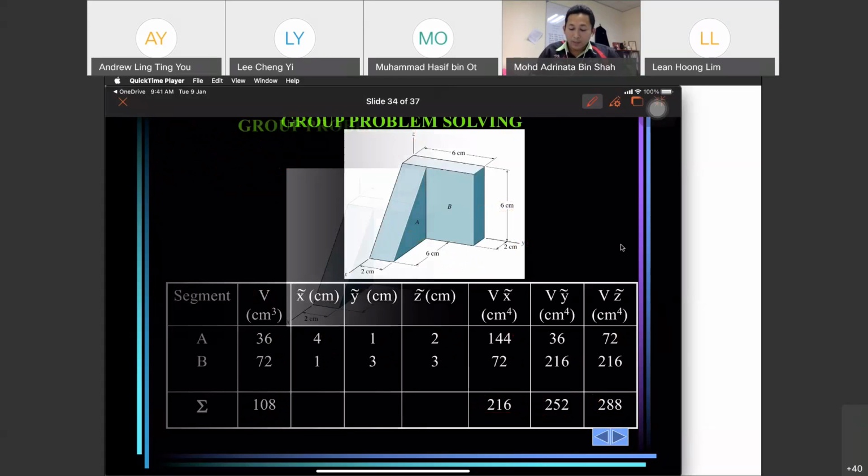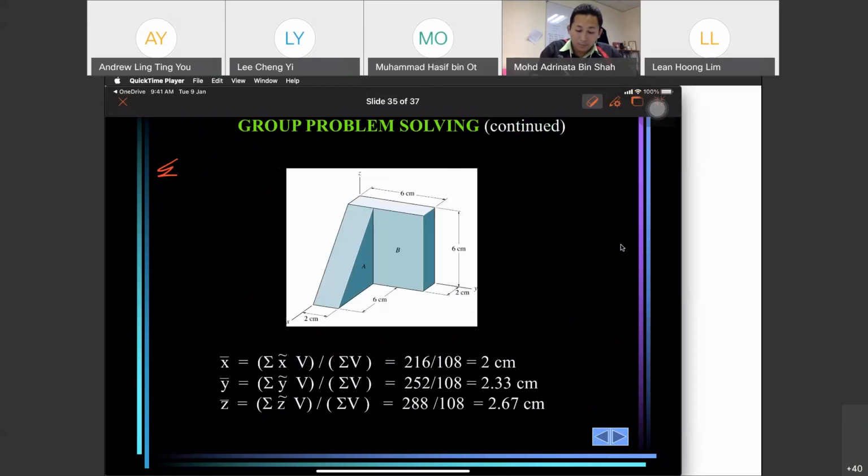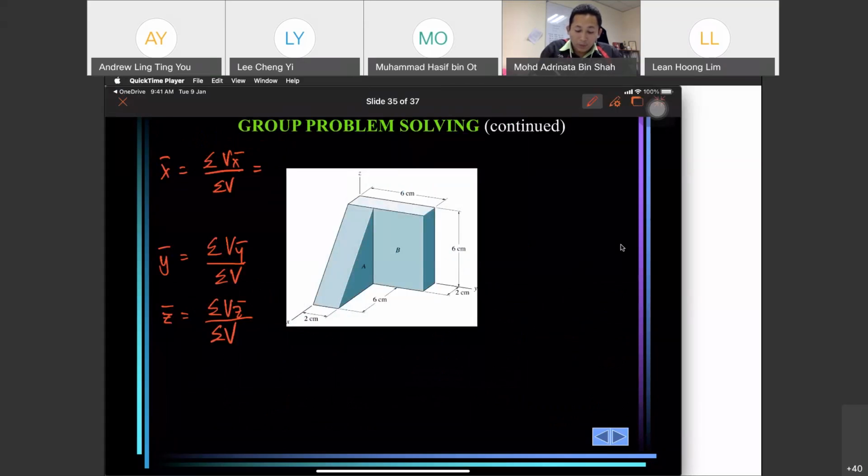Okay, so what is the centroid? X bar is the summation of Vx bar divided by the summation of V. Y bar is the summation of Vy bar divided by the summation of V. Z bar is the summation of Vz bar divided by the summation of V. So this one we get 216, 252, 288. 216 over 108, 252 over 108, 288 over 108.